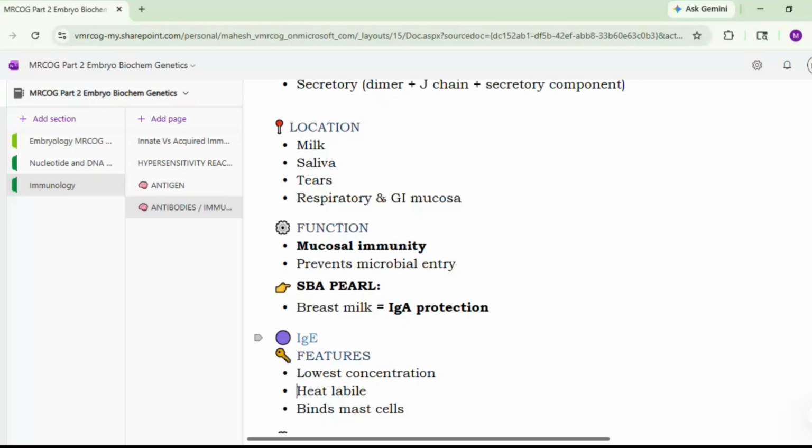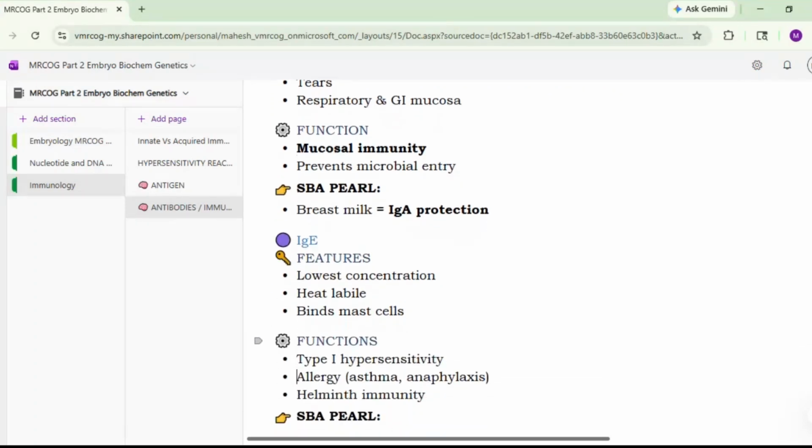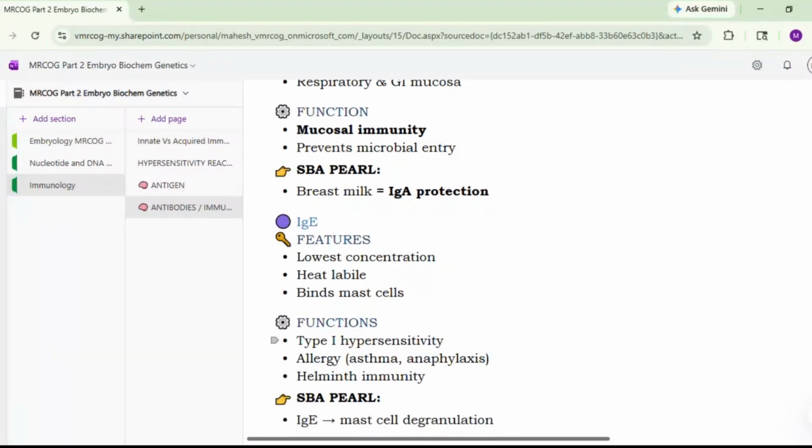The next most important antibody is IgE. It is present in the lowest concentration. It is heat labile and binds with mast cells. It is responsible for type 1 hypersensitivity, which we will discuss after this.